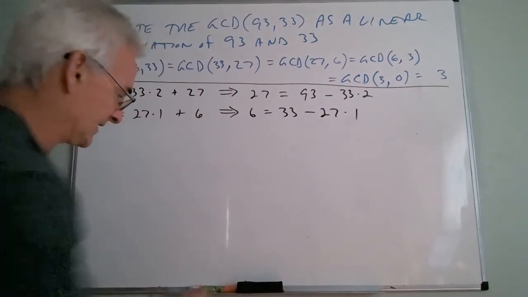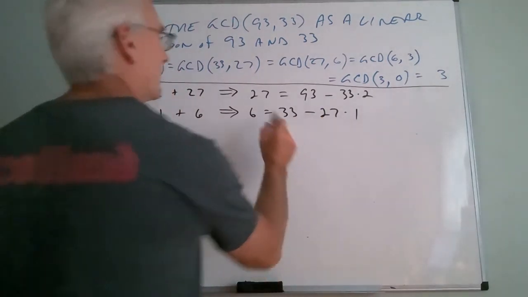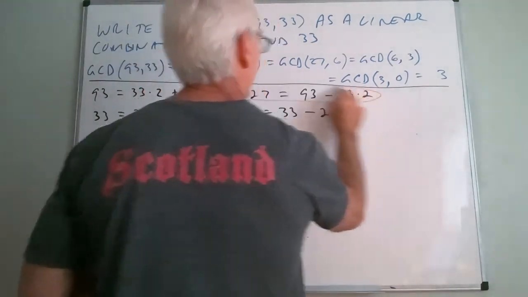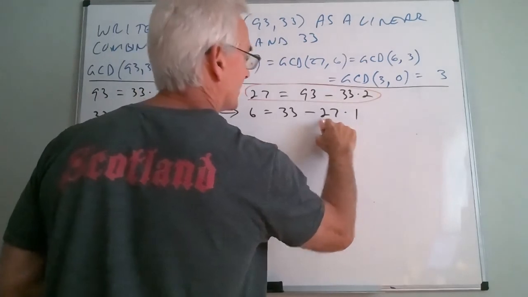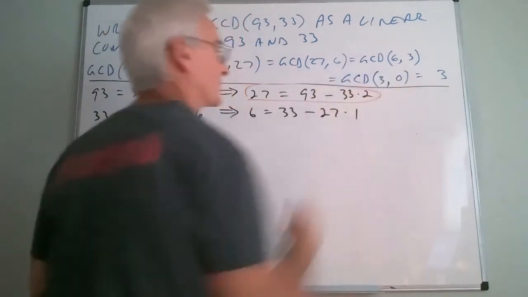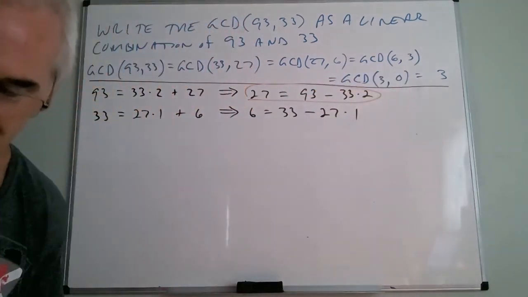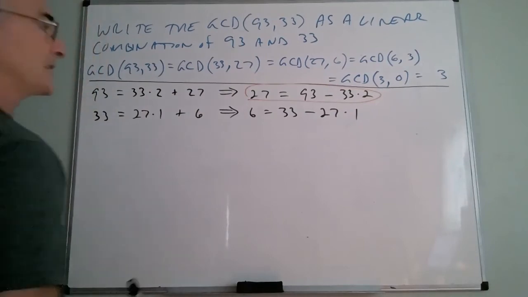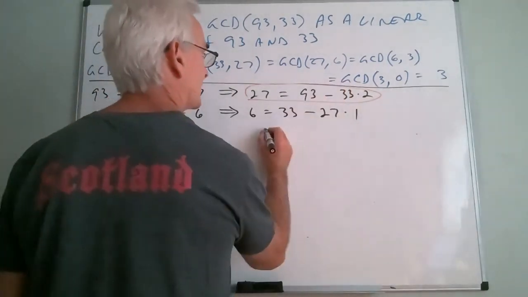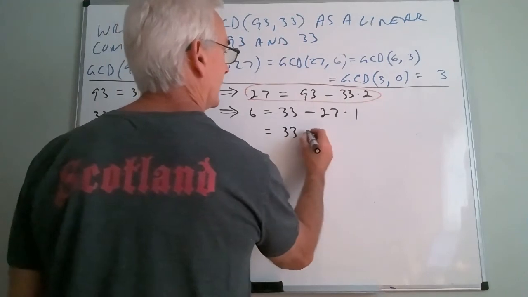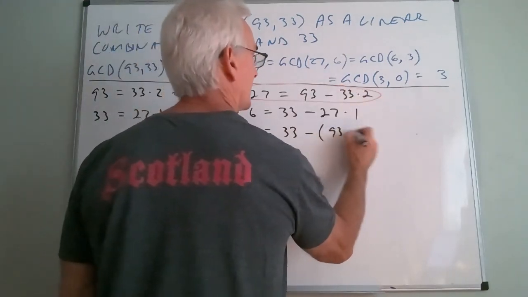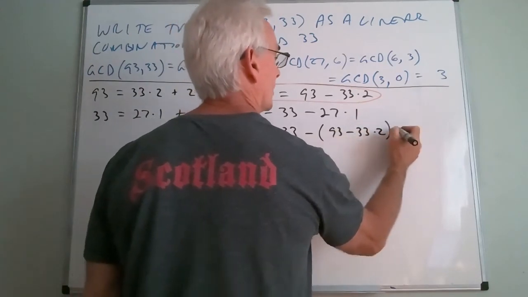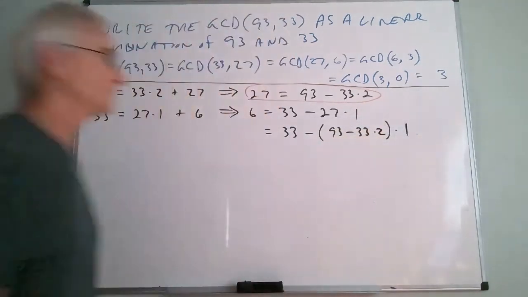Well, I've already said that 27 equals this. So I'm going to replace this 27 with this. This is the key step now. If I replace 27 with this, that means this is 33 minus 93 minus 33 times 2 times 1.